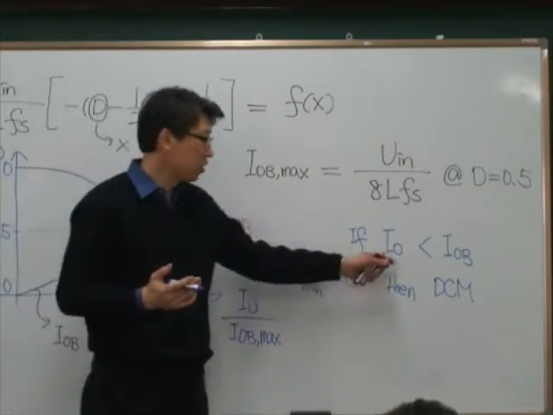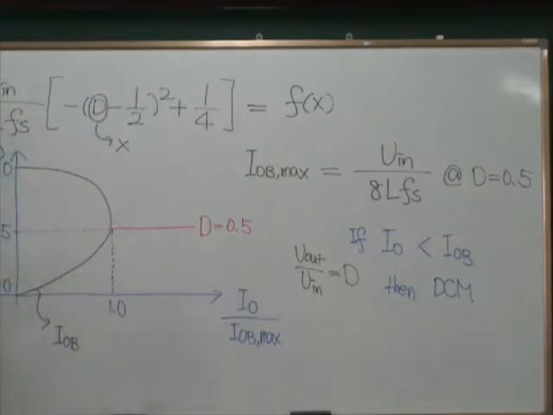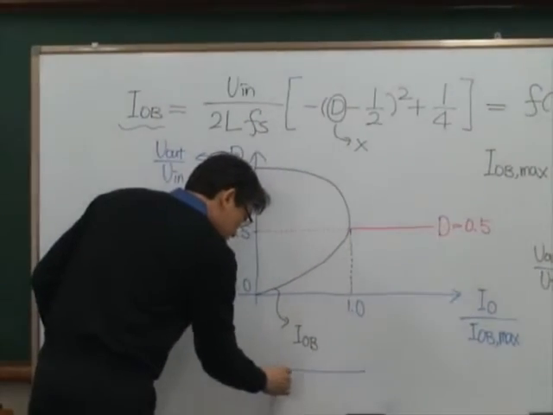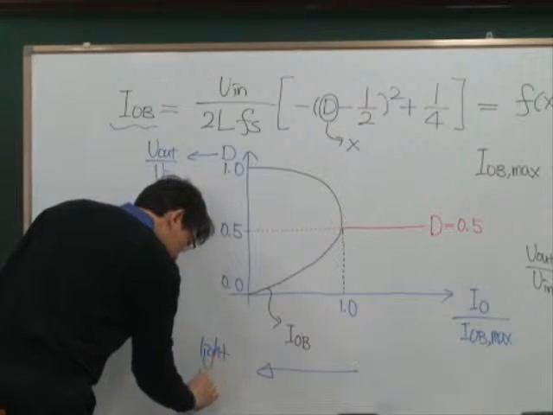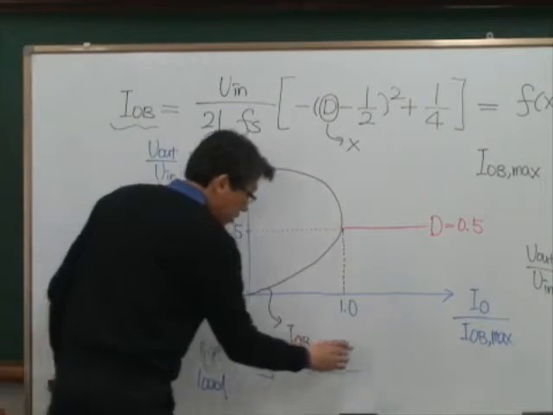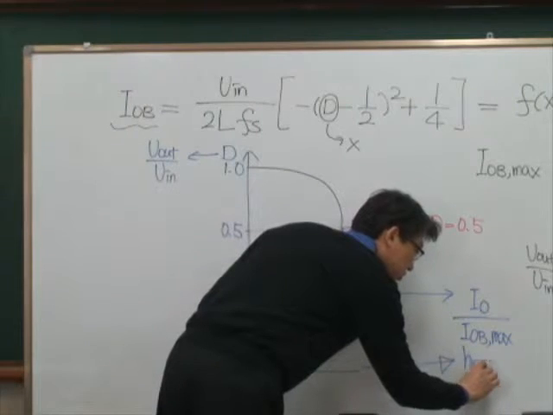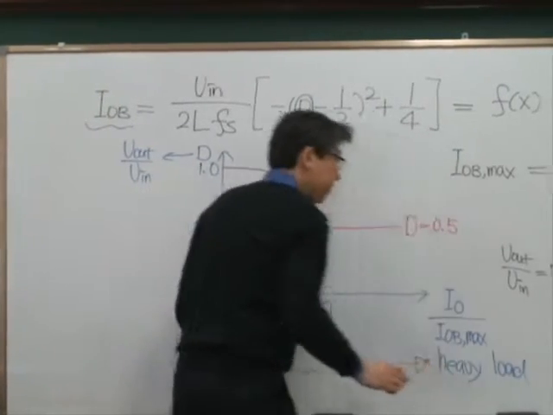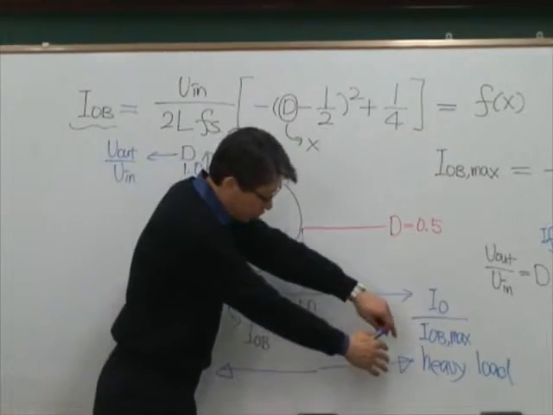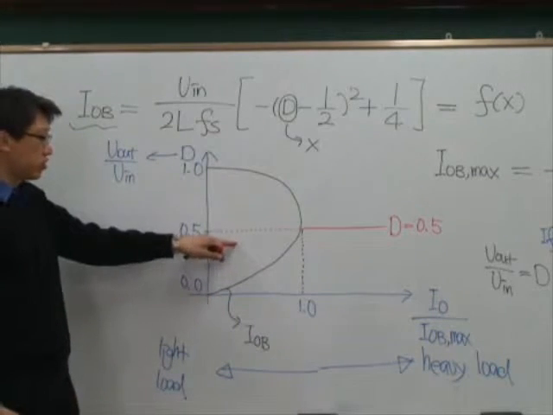When we have a light load, then we enter DCM mode. So light load means to this side, okay? This is light load. And this way is heavy load, so-called. Okay? So when we decrease the load, then we have more probability to enter this discontinuous conduction mode.